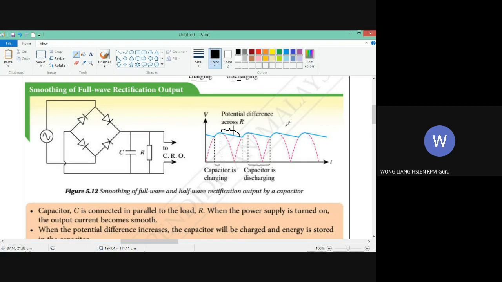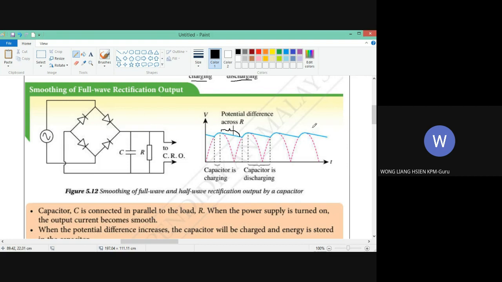So you see this is smoother, this is better, more smooth right now. Okay, almost the same as the direct current. Not exactly the same as direct current, but almost the same. Okay, so let's say that this is not good enough.